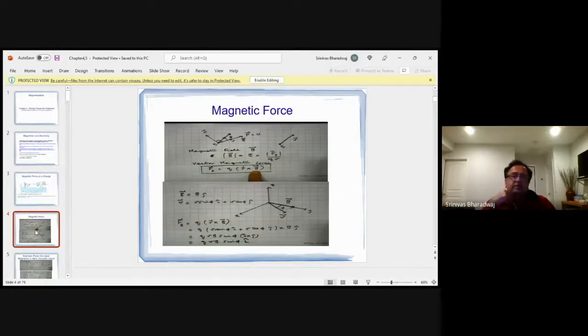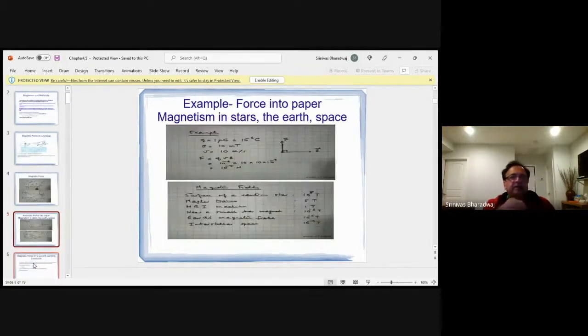Look at how he has defined this Q times V cross B. This is the first idea in magnetostatics. Now, the second set of ideas: if you have V and B like this, V cross B will be into the paper. V is up, B is this way, so Q times V cross B will be like this.